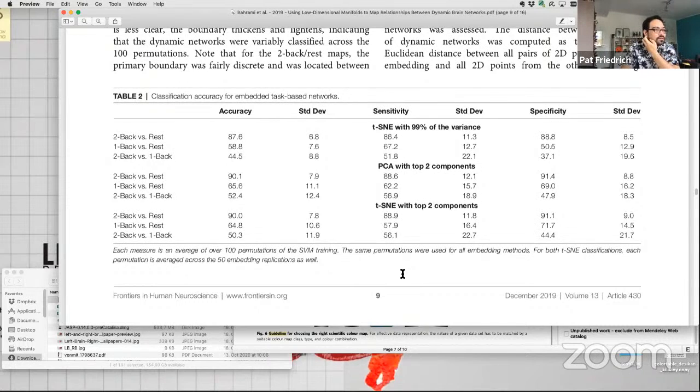And I think it's quite clever to show two conditions at a time, because we somewhat have an understanding of what the difference might be between 2-back and 1-back and rest. You could simplify it to say that it's a function of task complexity. The 2-back task is obviously more difficult and more demanding than the 1-back task, and nothing's easier than just lying in the scanner and resting.